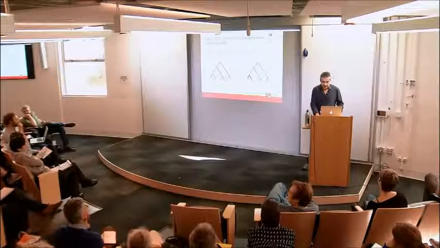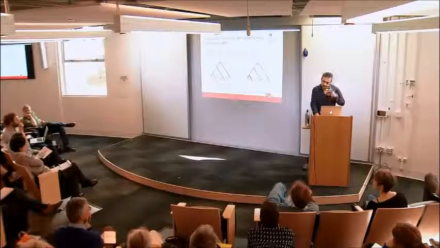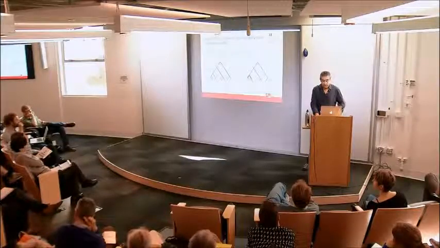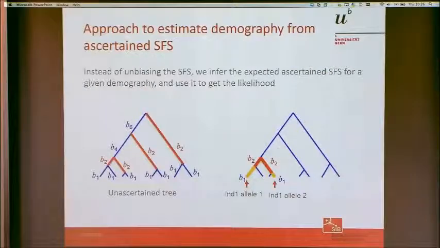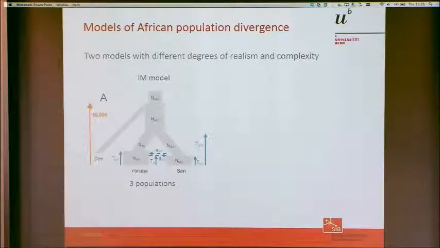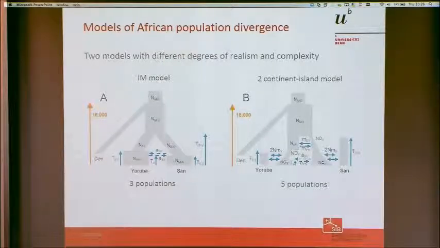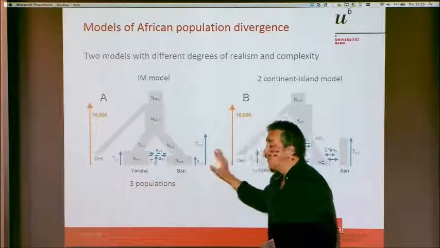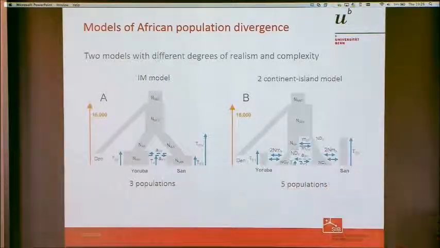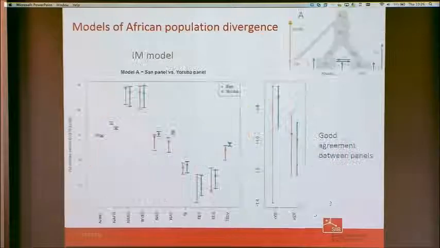But anyway, the take-home message is that it's possible to estimate parameters using this nice SNP chip. We just need to model the ascertainment, which is possible in our case. And here we applied that to the scenario of divergence between some Yoruba and San populations. But I'm obliged to skip.